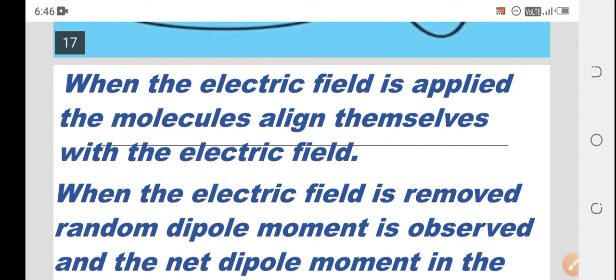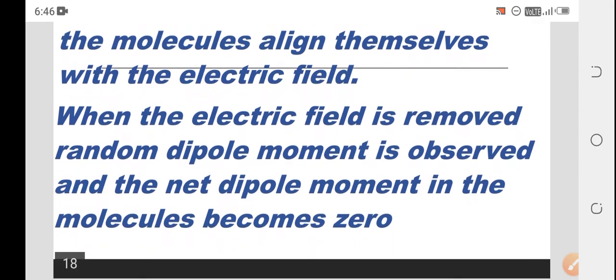In the presence of the electric field, a dipole moment is formed. If the electric field is removed, the molecules are aligned randomly, and because of this randomness, the net dipole moment is zero in the absence of the electric field.